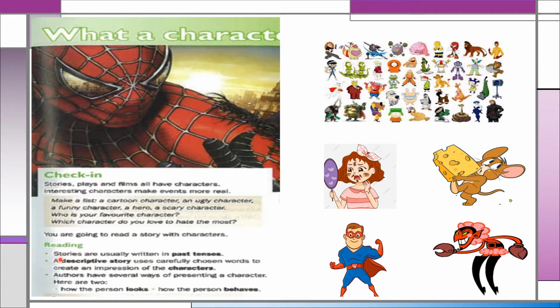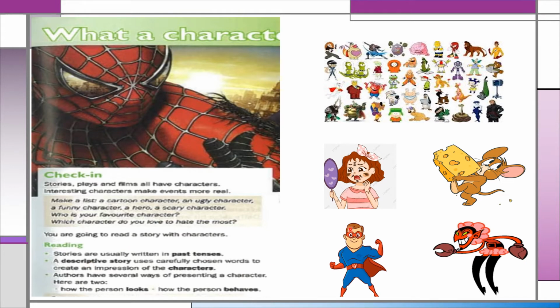You have to know that stories are usually written تكتب in past tenses أزمنة الماضي. And in the stories we have lots of descriptions, وصف, for the things that we have in the stories, the characters or things like places. So we have descriptions by using adjectives.